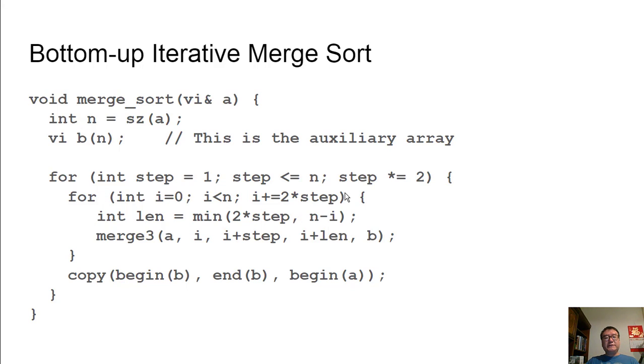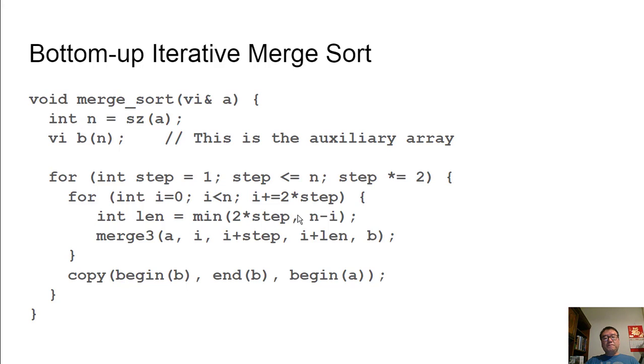And for each fixed step size, we go in increments of 2 times that step size, because when step is 1, we want to merge the next 2 elements and then the next 2. So this index I will increment by 2 times step.